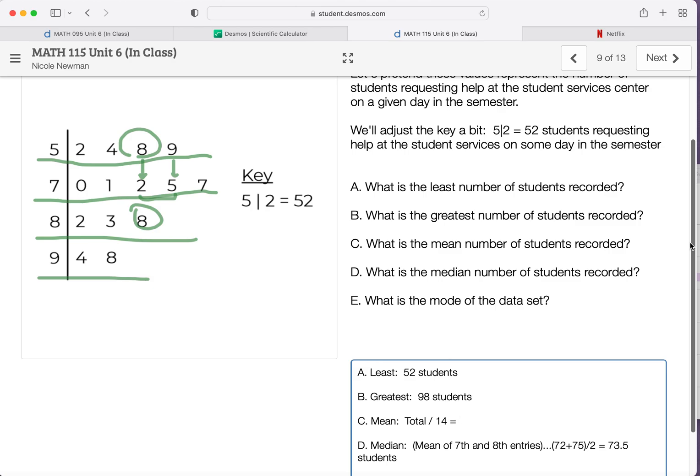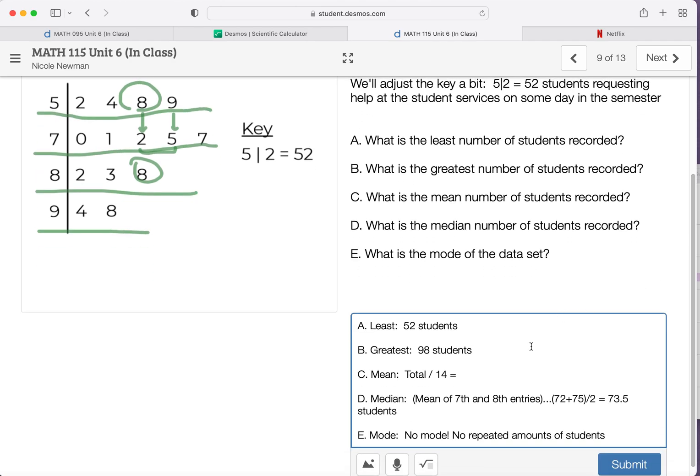When I did that, you can double check your own work, which I'm hoping you are doing. When I did that, I got a total of, come down here and put in 1,033.